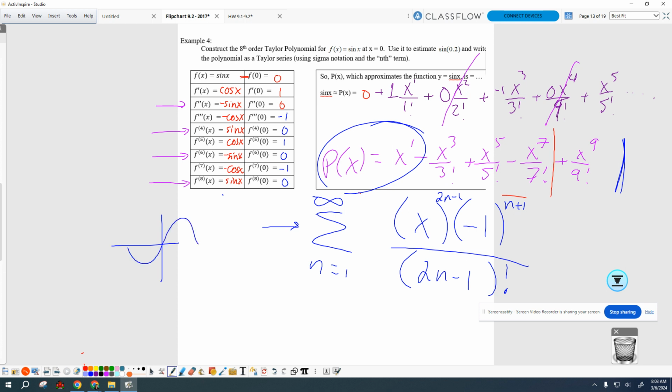Oh, well, that's convenient because all the exponents are odd. The signs turn on and off. First odd number is 1, so it goes 1, 3, 5, 7, 9. And we're dividing by that factorial. What changes when you do 2n plus 1? Now we start at 0.